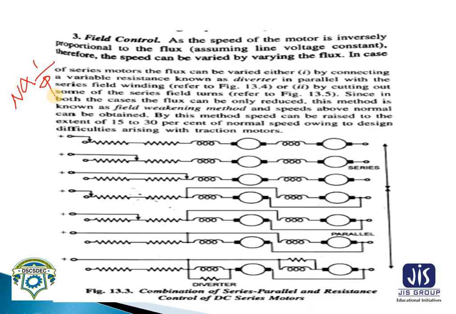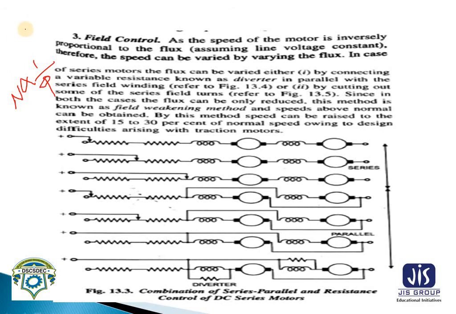This method is known as field weakening method, and the speed above the normal speed can be obtained. By using this method, speed can be raised up to 15 to 30% of the normal speed, owing to design difficulties arising in these traction motors.